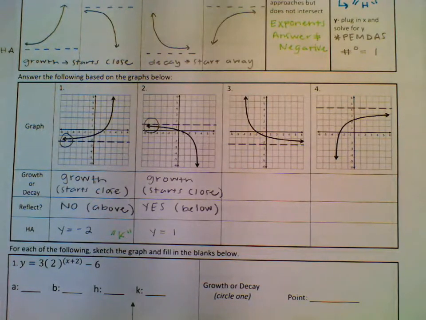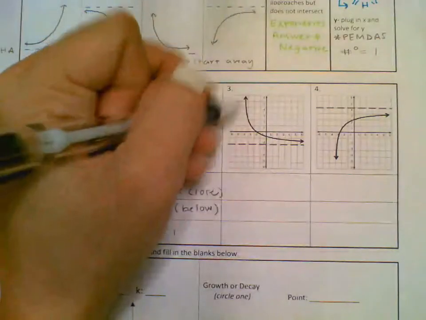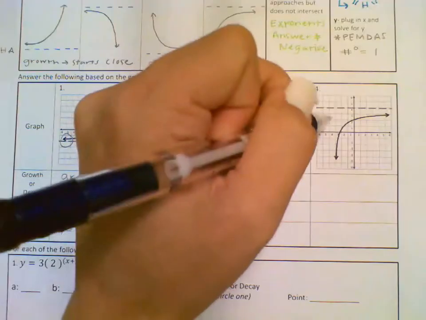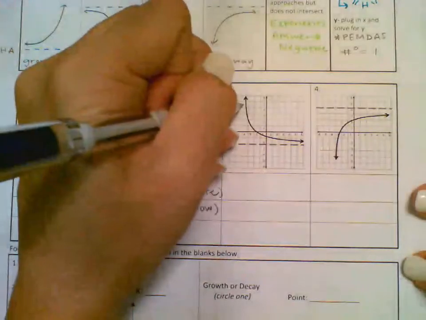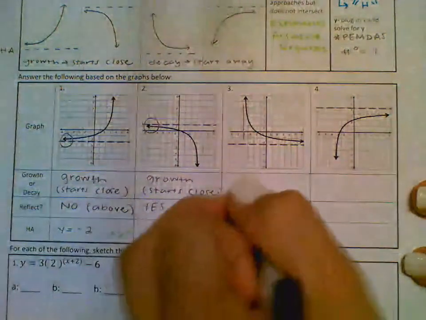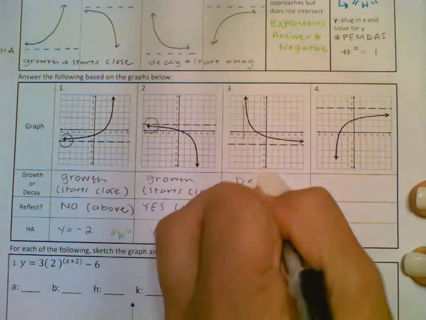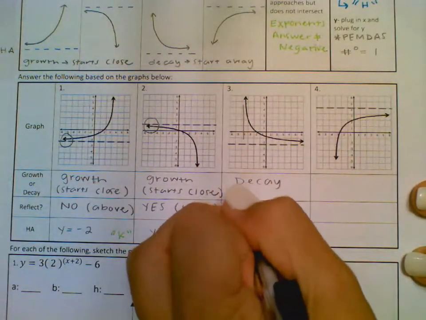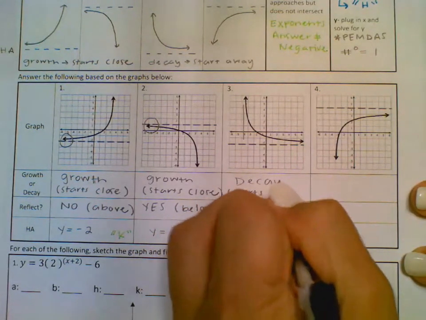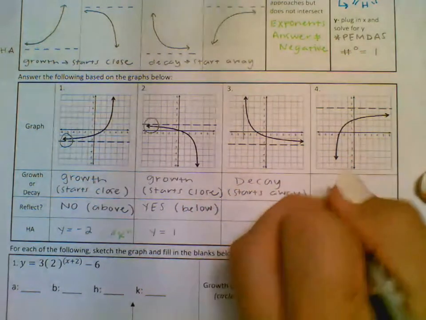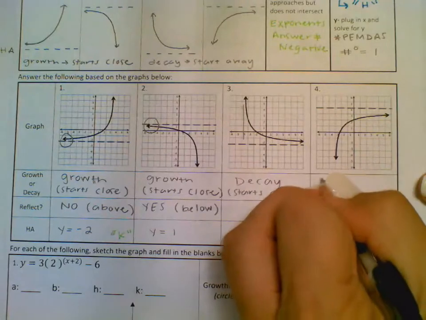And that's my k value. For 3 and 4, both of these would be decay because on the left side, they're both starting far away. So decay starts far away. So both of these are decay.